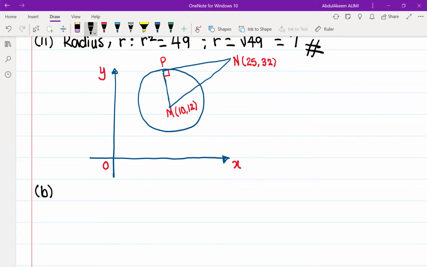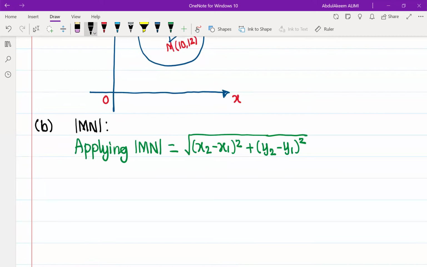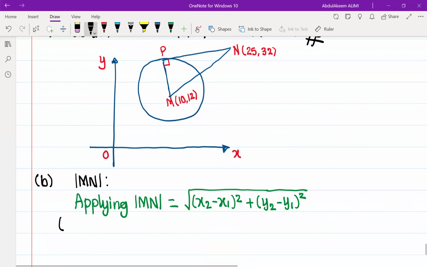For my line MN, we are going to be applying MN equals the square root of (x2 minus x1) all squared, the distance between two points, plus (y2 minus y1) all squared.